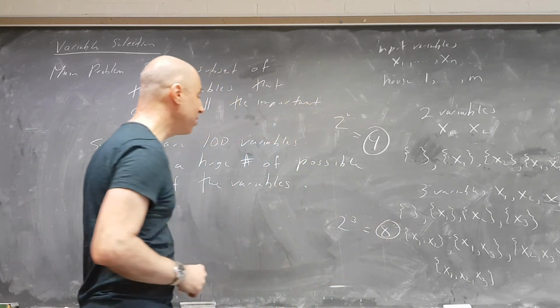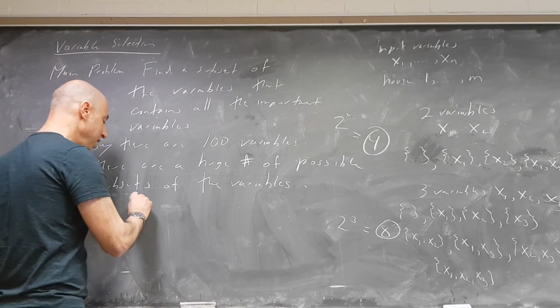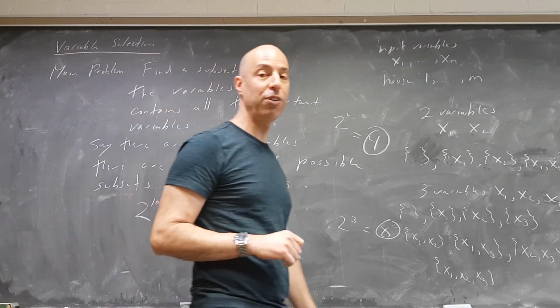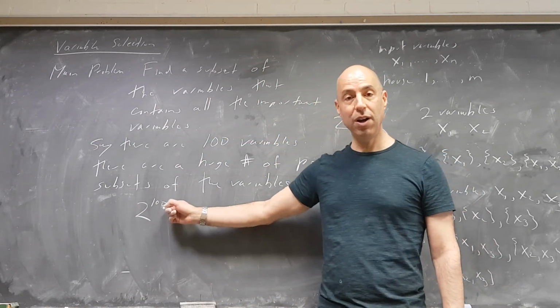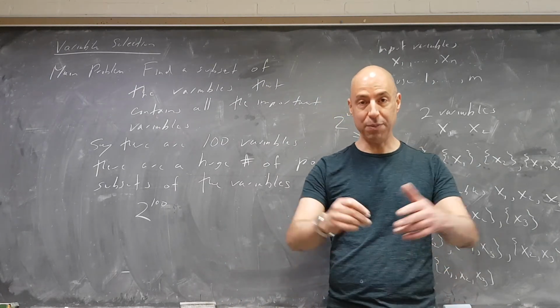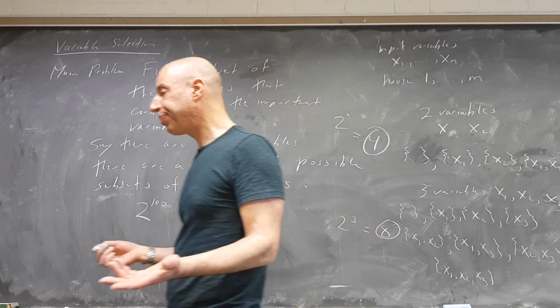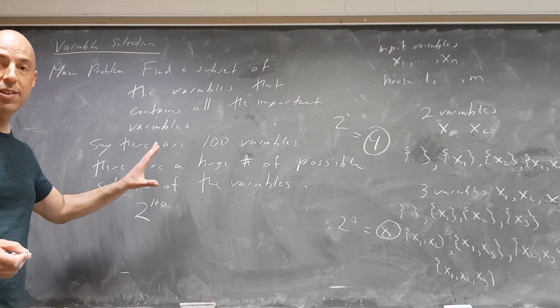So if you had 100 variables and you were going to look at all the possible subsets, there would be 2 to the 100. There is no computer on Earth that can count that high in a reasonable amount of time. This is a number with, what, like 30 zeros after it. I mean, it's like a 30-digit number. It's huge. And so we can't just test every possible subset.